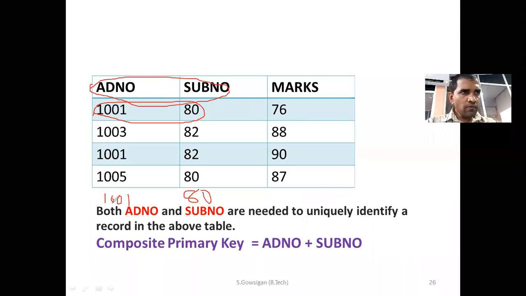So if you are writing the same figure again, 100180, which means you are trying to tell the same dialogue again. You are trying to tell 1001, which means Vimal, 80 ICT. So what did you write? You have to write 76 again. That is meaningless, because in a table you have to save only relevant data. You cannot say first term, second term, third term, all the marks in a table. So this must have maybe one term.